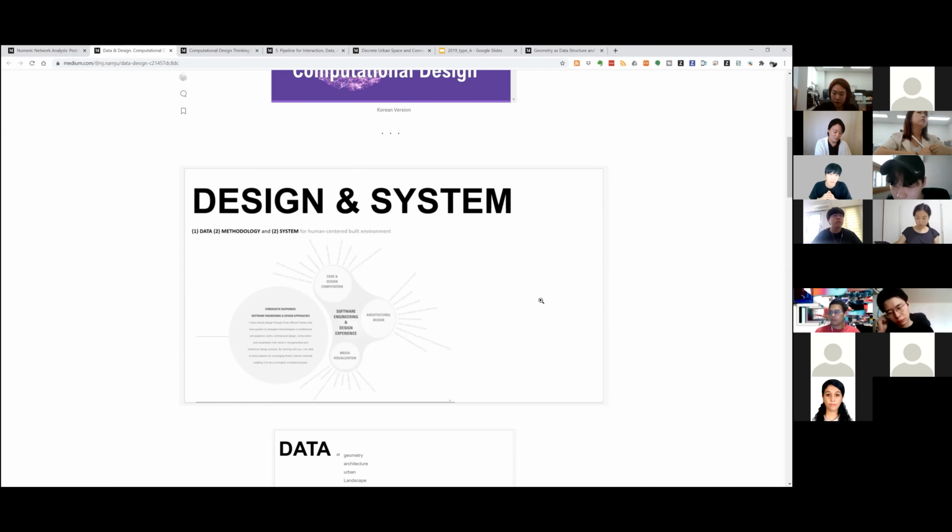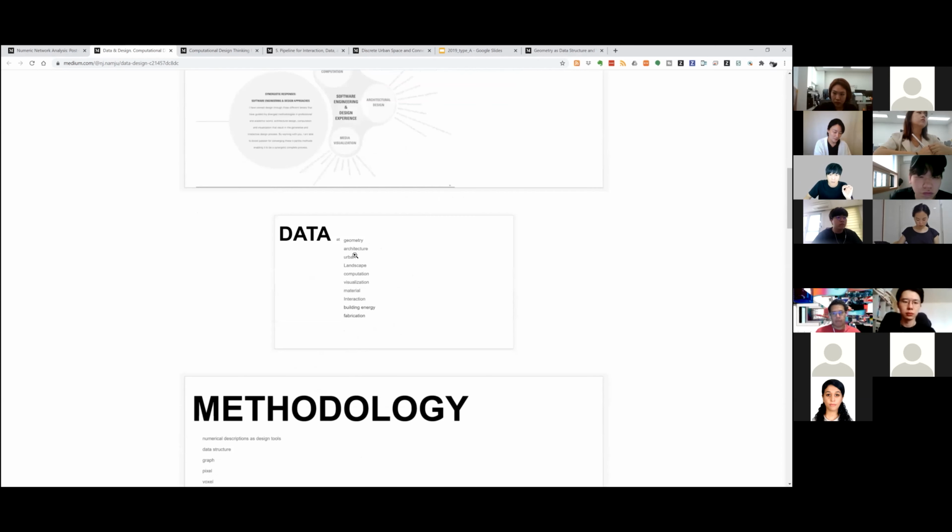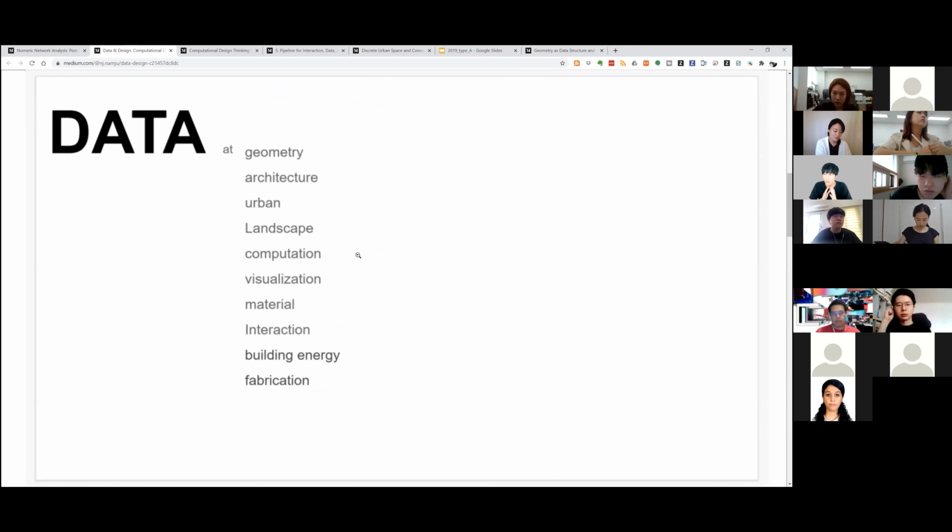In this context, we have three distinctive topics here. The first one is data. The second one is methodology. The last one is system. As you can see, with data, we have a lot of data, actually full of data. A lot of people talk about the fourth industrial revolution, right? But I guess without an understanding of data, it's almost impossible to understand what's going on behind the scenes of the revolution.